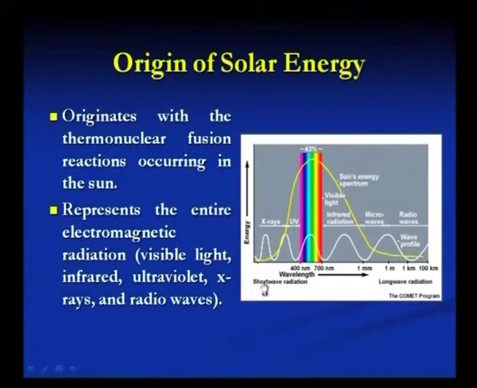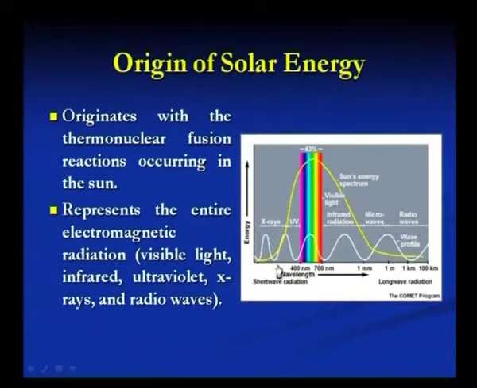Here, these are radiations of short wavelength, or short wave radiations, which have a smaller wavelength value, and when you proceed in this direction, there is an increase in the wavelength. So we are moving from shorter wavelength radiation to longer wavelength radiation.